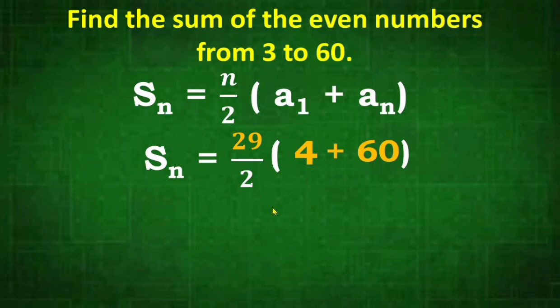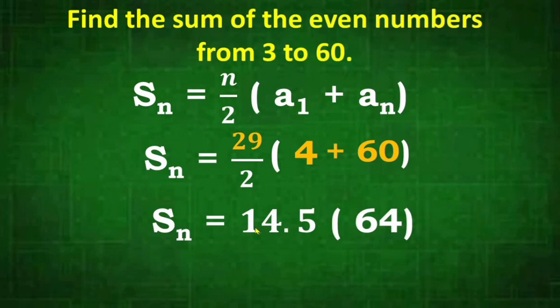And at the same time, what is 4 plus 60? So that's equivalent to 14.5, and here 64. Multiplying 14.5 and 64, so that is equivalent to 928. So therefore, the sum of the even numbers from 3 to 60 is 928.